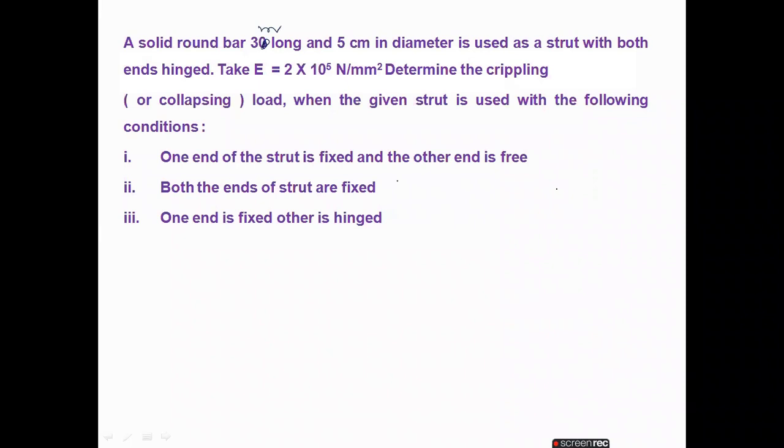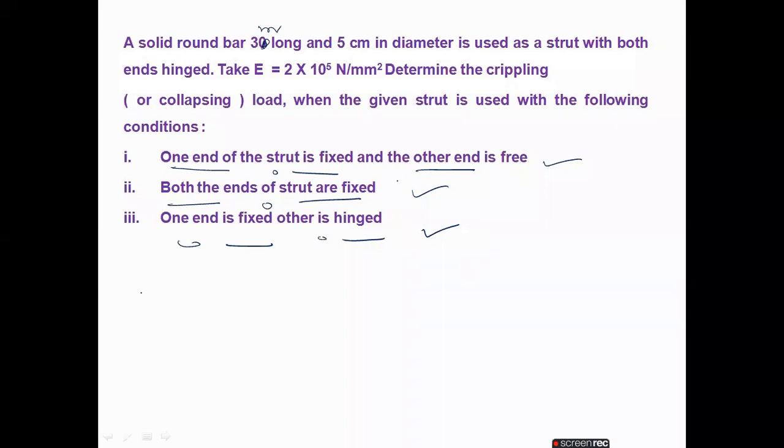Now we have to determine the crippling load as well as the collapsing load, whatever it may be. But they gave conditions. We have three conditions here. The first condition is one end of the strut is fixed and the other is free. The second is both ends of the strut are fixed. And the third is one end is fixed and the other end is hinged.